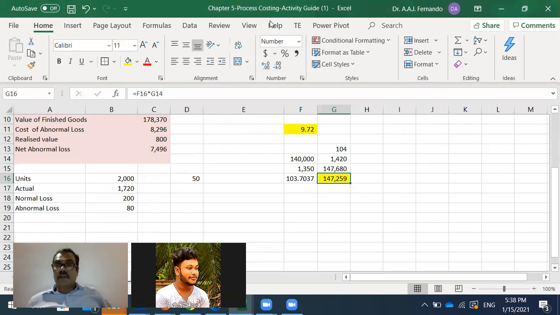Then there was another question asked by someone. Yeah, if you want, you can use rounded up 104 and allocate accordingly, but you need to be sure of the balancing numbers. Why scrap value have not taken in this account?